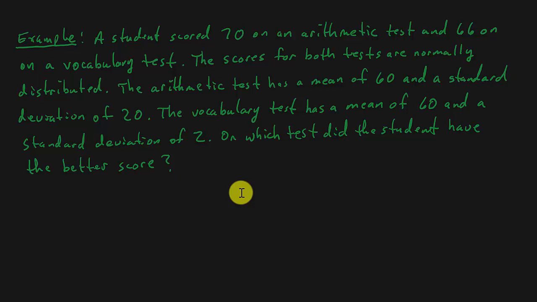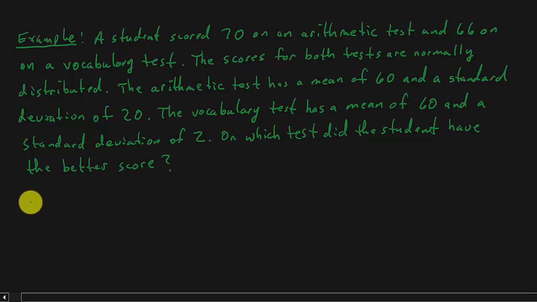So let's look at this. Let's write down arithmetic test, and then let's look at the vocabulary test. All right. So for the arithmetic test, the mean was 60. That's what they give us here.